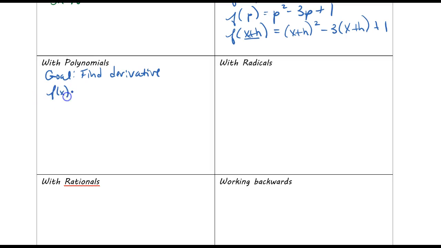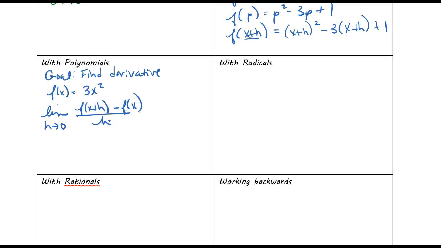Let f of x be 3x squared. If this is the problem at hand, then what we're going to do is use that definition from above. It says to take the limit as h approaches 0 of, okay, now what does that say? It says f of x plus h minus f of x over h.